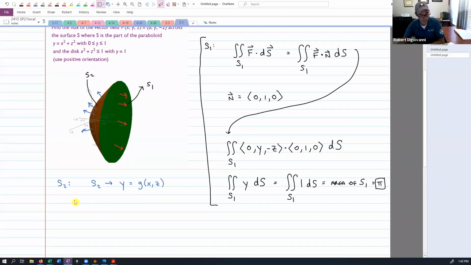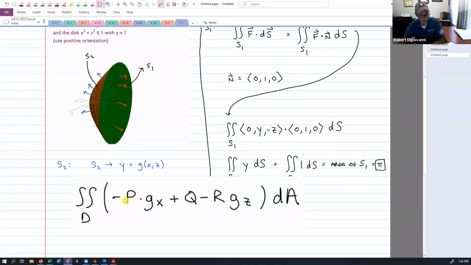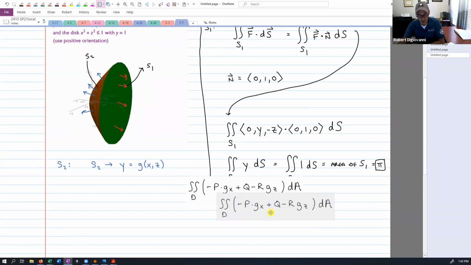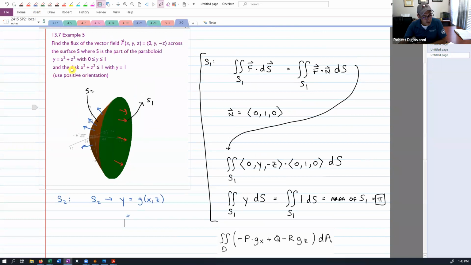Okay. So we need to know, what is the function? Do we know what this function is? The surface? Y is right here, isn't it? x squared plus z squared. That was given to us.